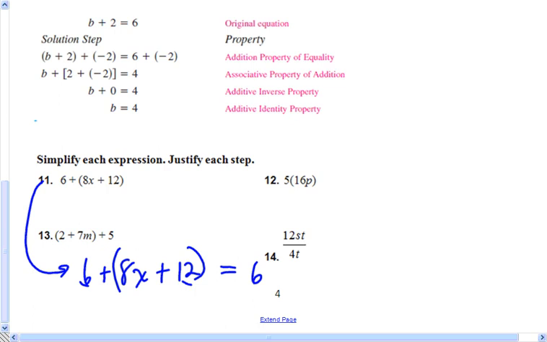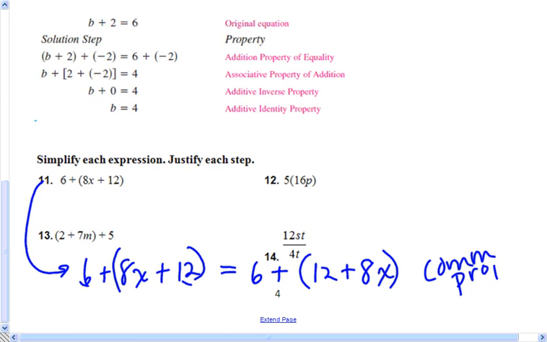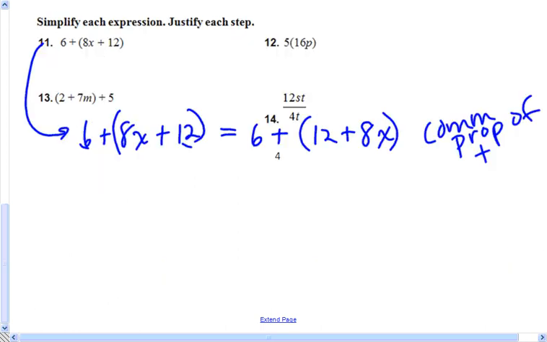So I'm going to have 6 plus 12 plus 8x. And that's the commutative property of addition. Just switching around.